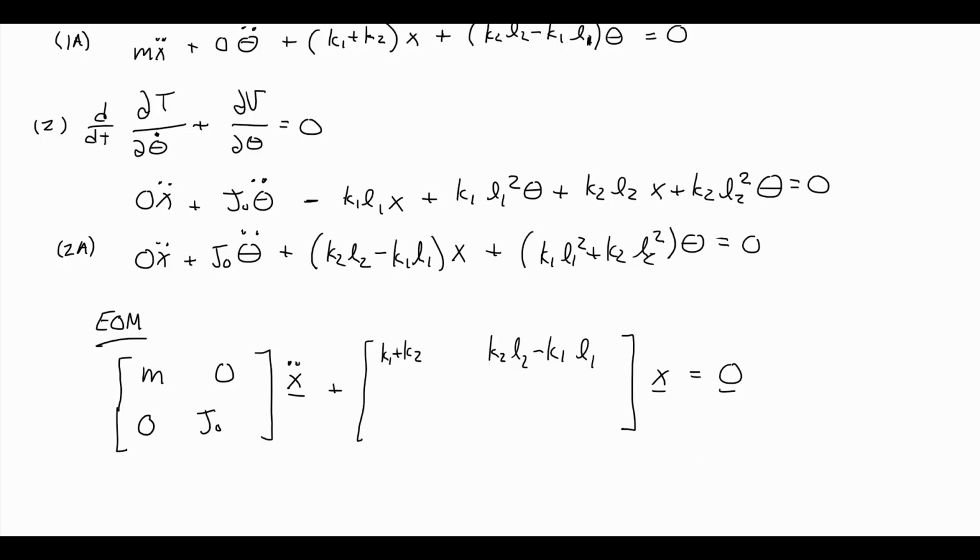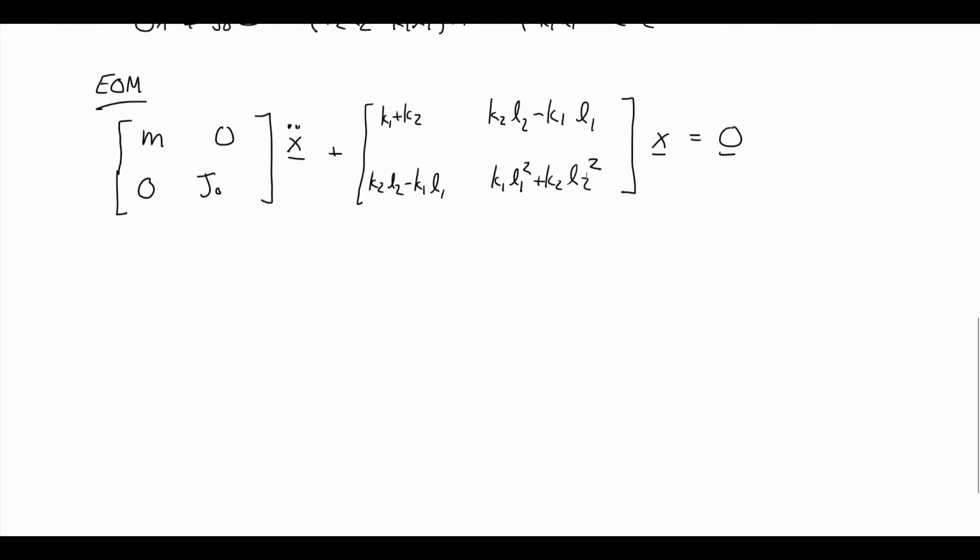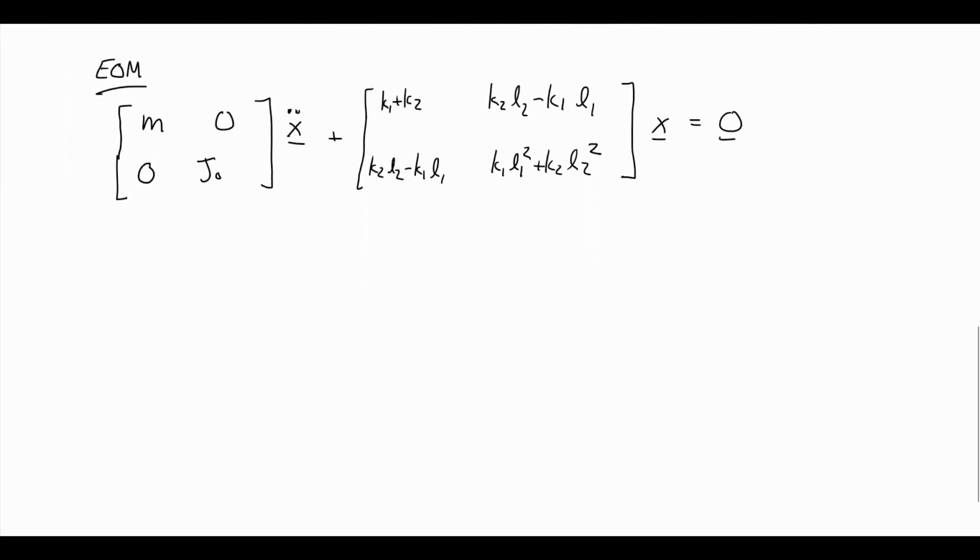And from 2a, I have in front of the x term a k2 L2 minus k1 L1, and a k1 L1 squared plus a k2 L2 squared. So these are my mass matrix and my stiffness matrix, K. That's M ẍ plus K x, and it's autonomous. The right-hand side is 0.